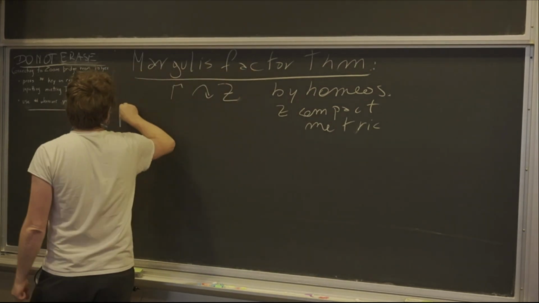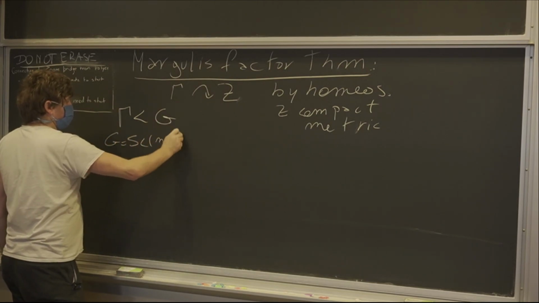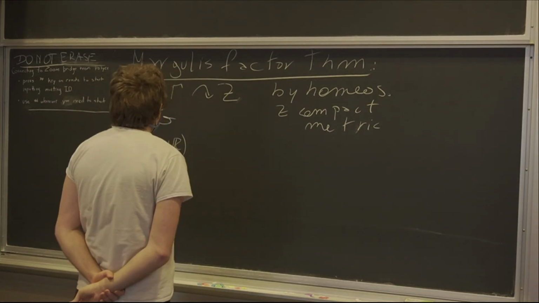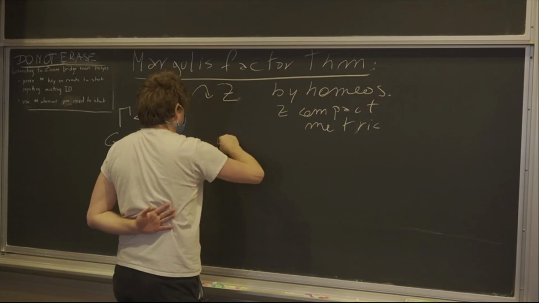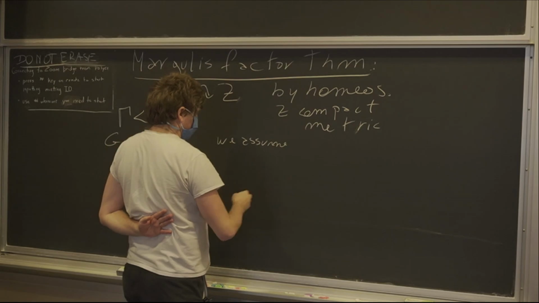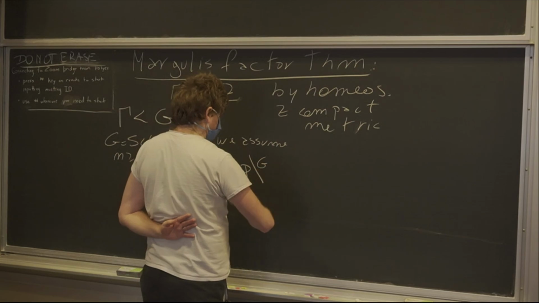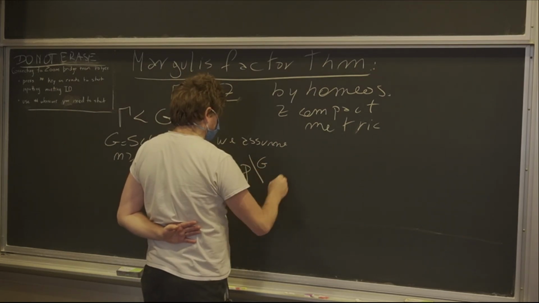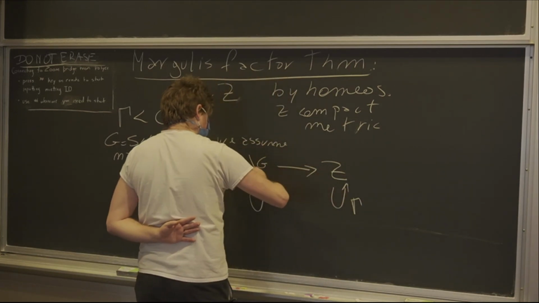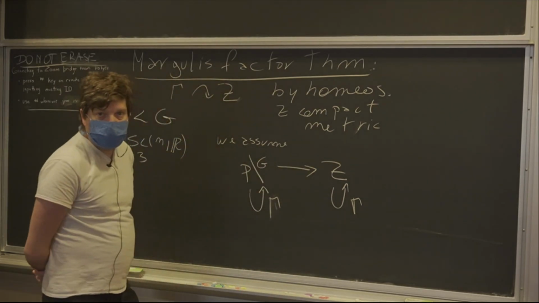Gamma is a lattice in G, and G is SL_n(R), with n at least 3. And then we assume there exists the following diagram commuting: G mod P into Z. Here we have the gamma action, here we have the gamma action, and the diagram commutes.